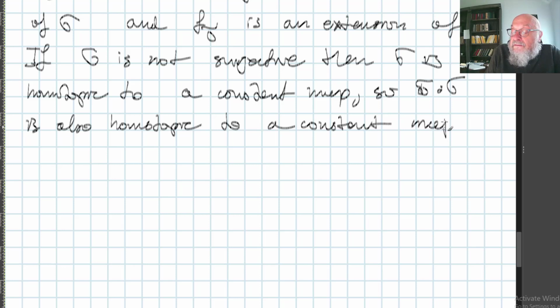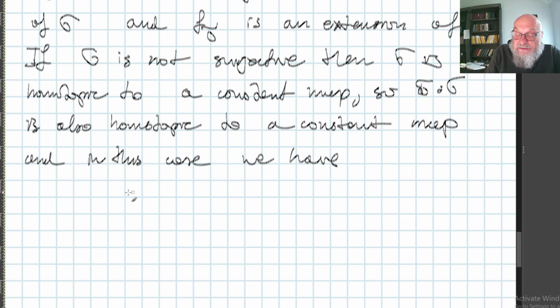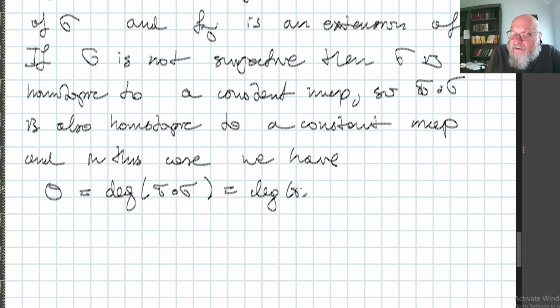And in this case, we have that the degree of tau composed with sigma is equal to 0, and that is equal to the degree of tau times the degree of sigma, because this is also 0.